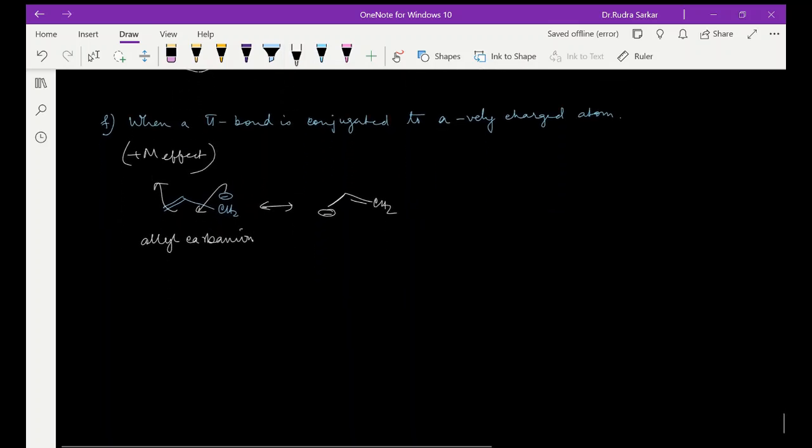Okay, we can extend the idea to a few more molecules. So this is your benzyl carbanion.